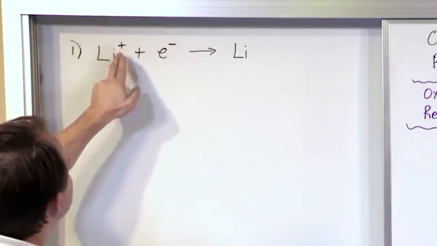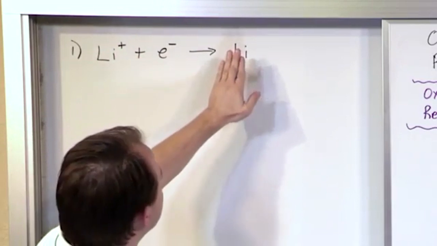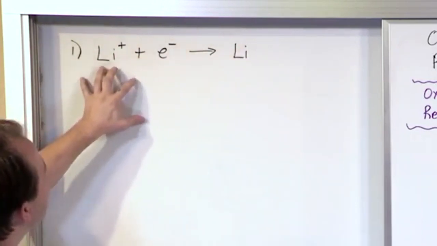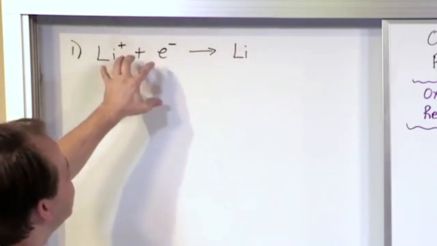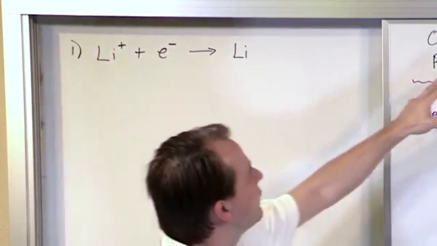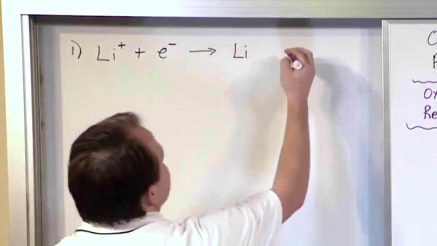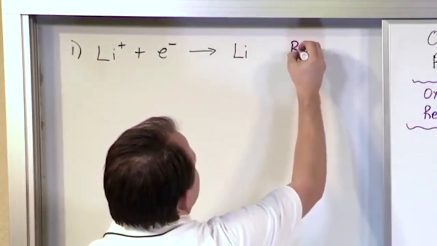So we have a +1 charge here, we have the electron, which is -1, combining, and we get a neutral result. So what we have is some item that is accepting electrons. It's gaining an electron in this process. So this is going to be called a reduction process. So that's what we need to write down. So this is called reduction.